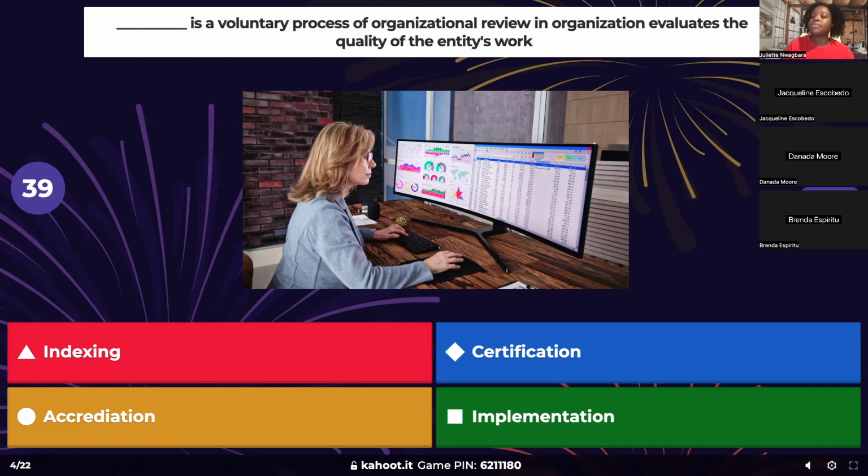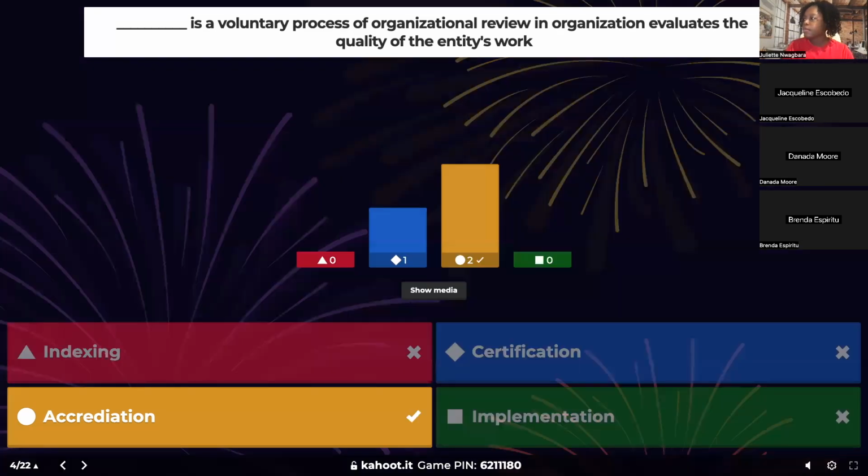40 seconds. All right. And it looks like some got it wrong and some got it right, but the answer here was accreditation. So a certification is required documentation that you have to have in order to work, right?